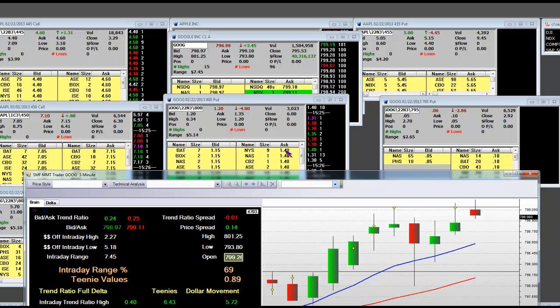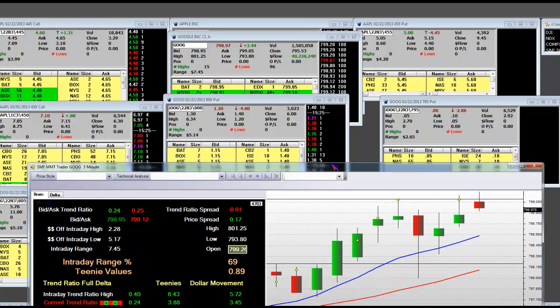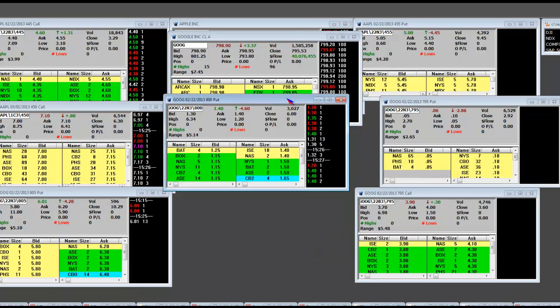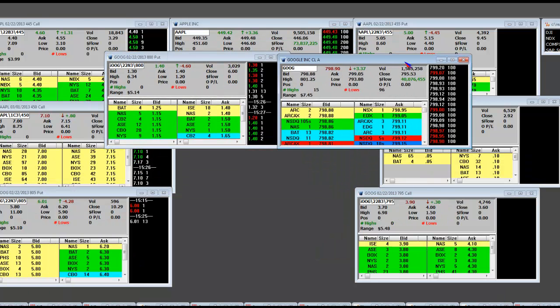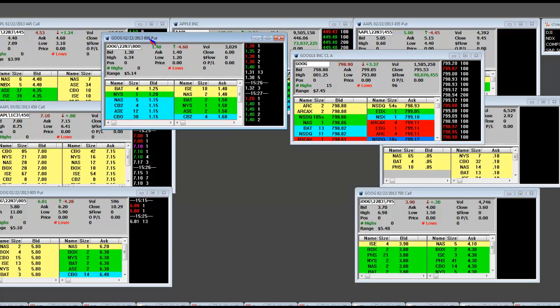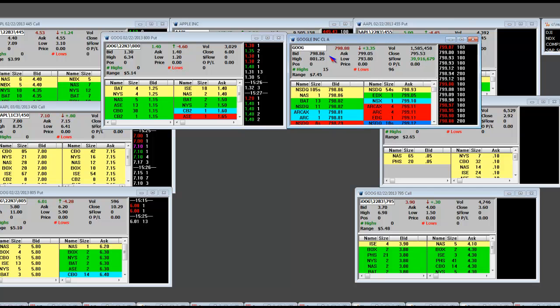Based on $1.15 by $1.40 here and now, you can see the red bar. You can see here clearly that down here, let's move this up here. Let's move this out of the way. So here's the calls, here are the puts, 800 put, and here's Google right here.